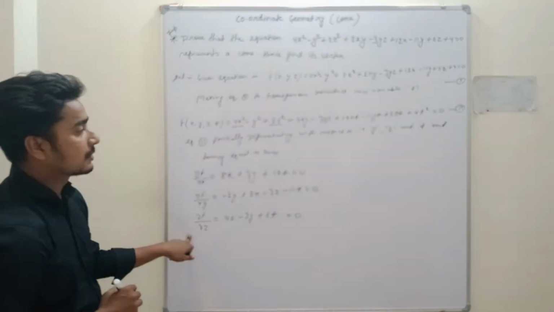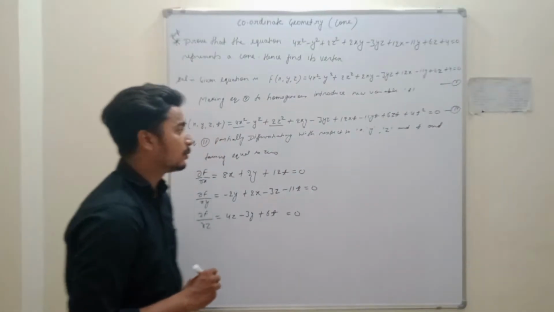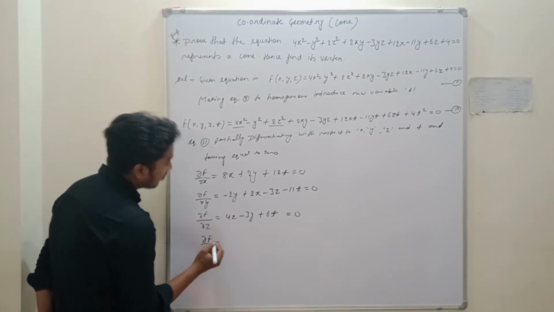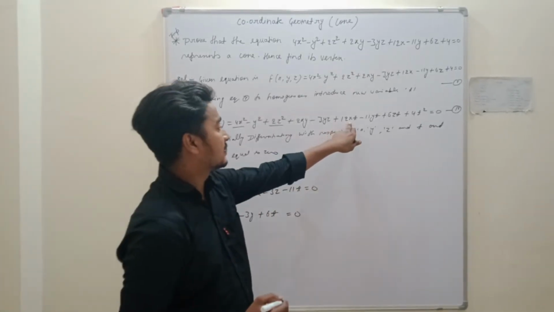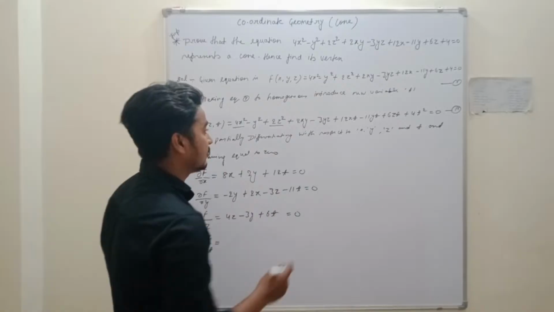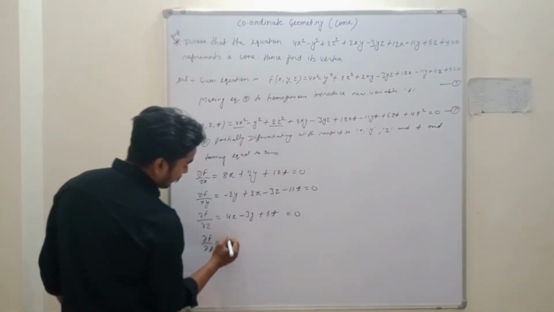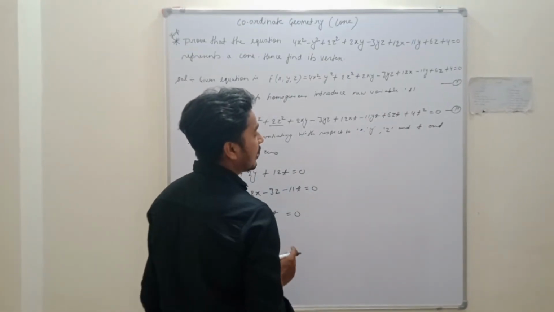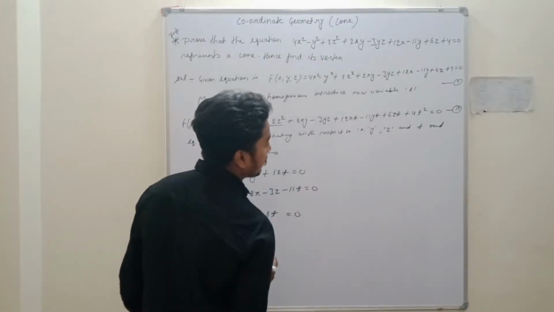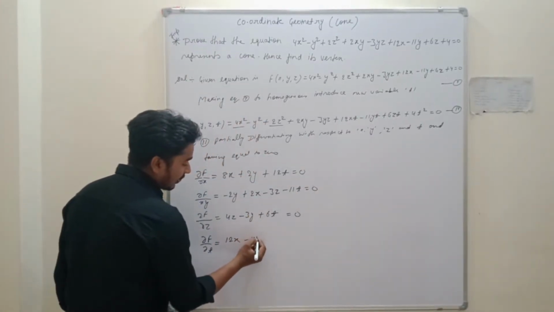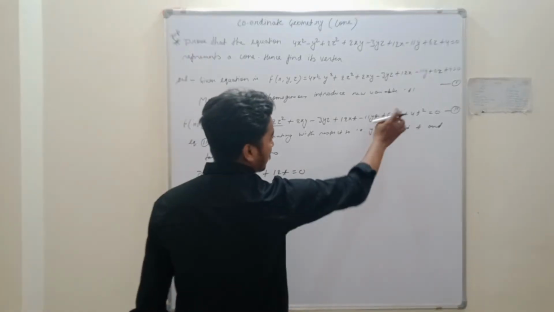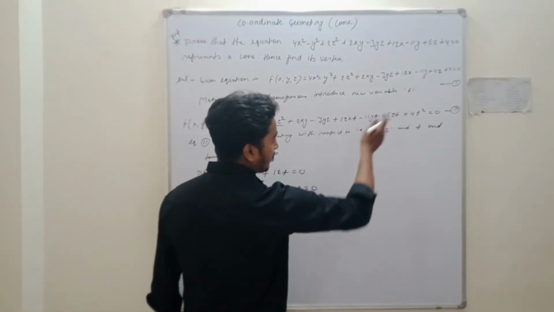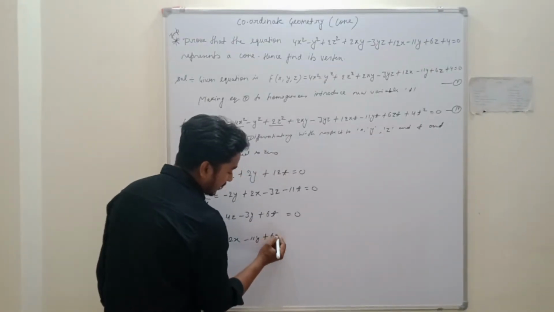Further, in the last, differentiating equation 2 partially with respect to t, we get ∂f/∂t. 12xt gives +12x, since 12x is constant. Similarly −11yt gives −11y, and 6zt gives +6z.